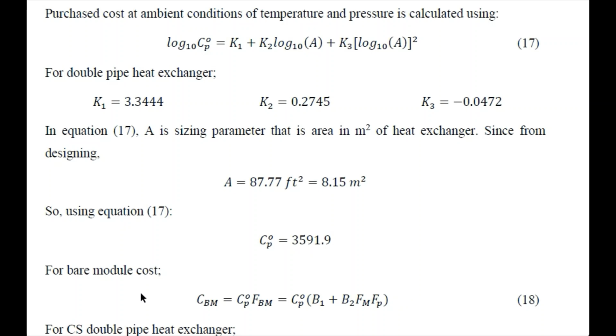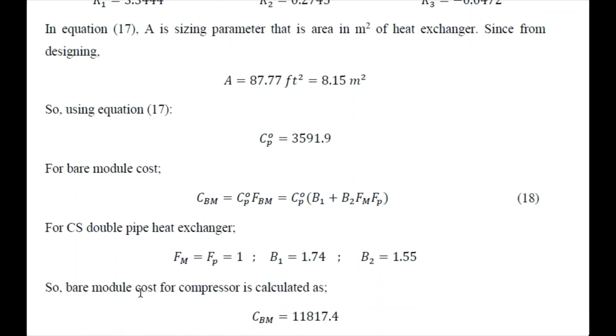For bare module cost, we need to account for the material of construction and pressure factor as well. So we have taken carbon steel as the material of construction for the heat exchanger. For carbon steel, FM is 1, that is the material factor. The pressure factor is also 1 because our operating pressure is quite less than the limit, so we don't need any special treatment in the material.